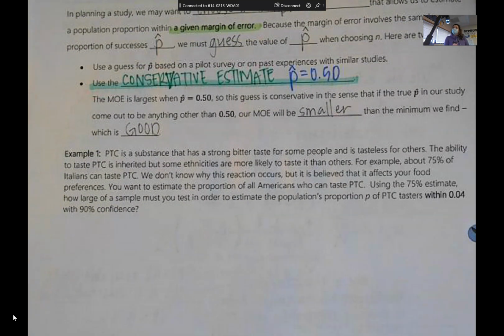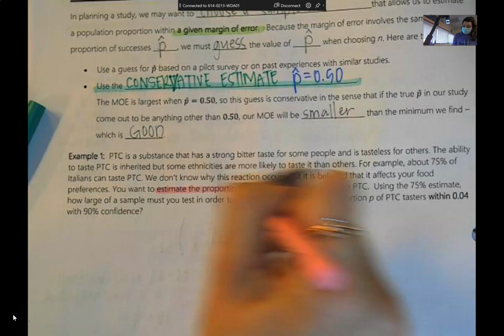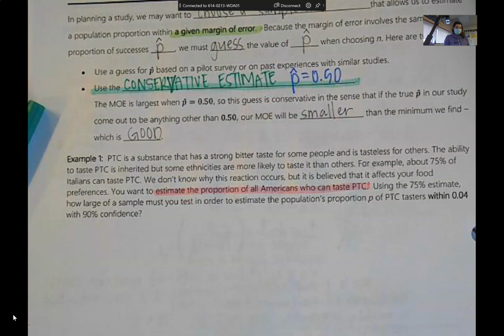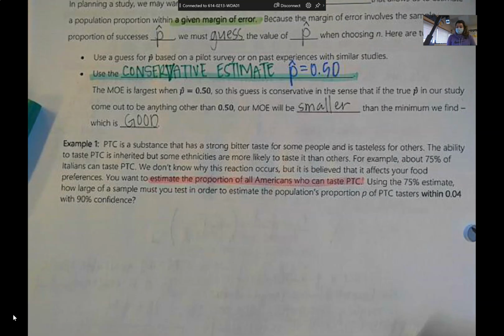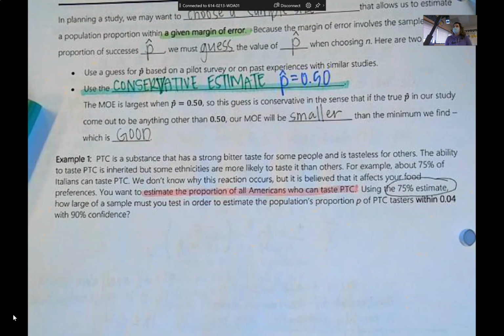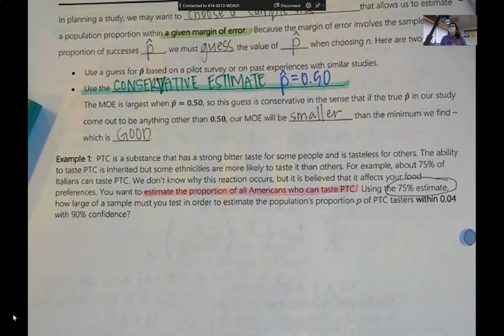You want to estimate the proportion of all Americans who can taste PTC. So we want to estimate the proportion of Americans who can taste it. They specifically tell us to use the 75% estimate in our calculation to find how large of a sample you must test in order to estimate p.